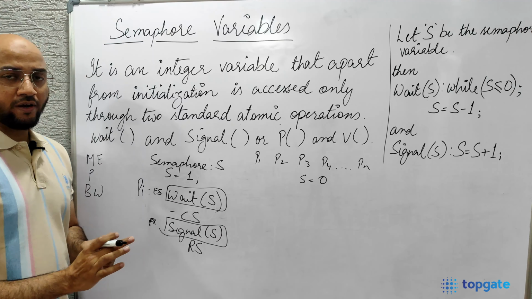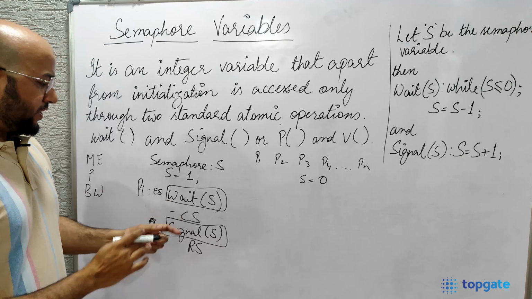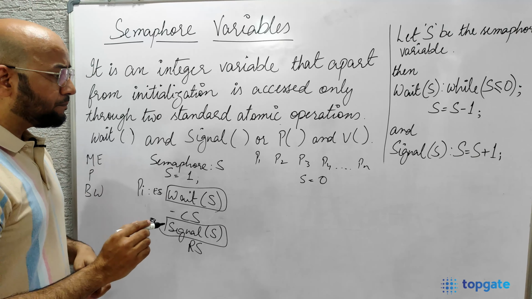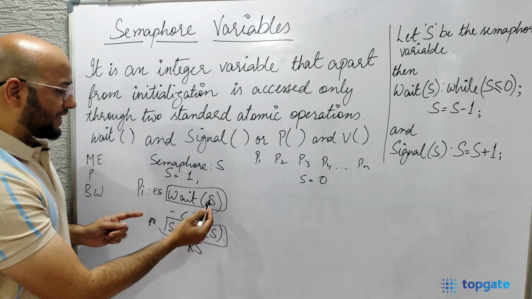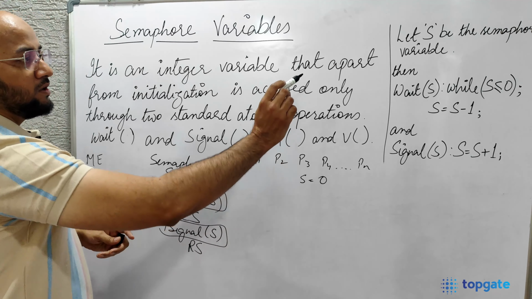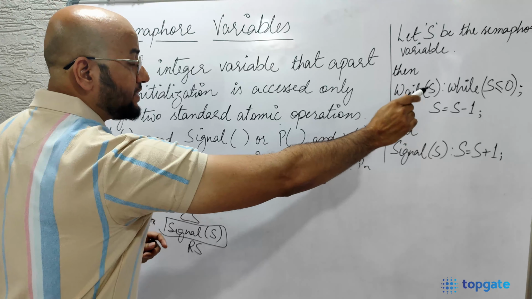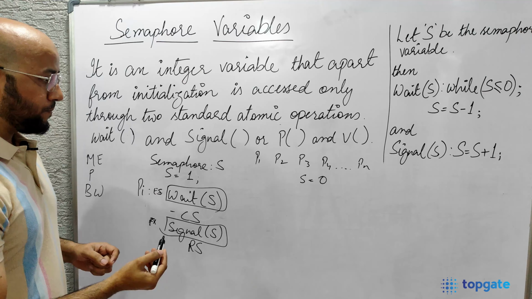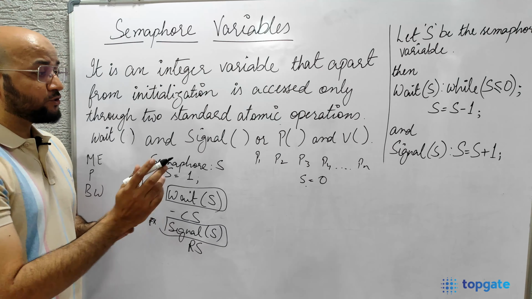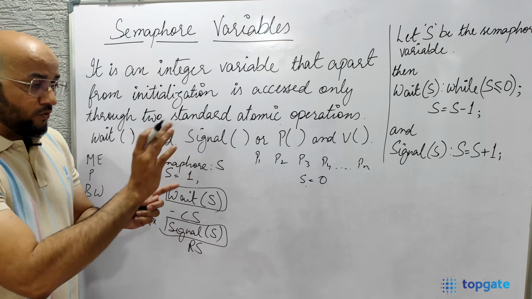Now it is working in the critical section. Suppose process P1 is working in the critical section and process P2 comes. P2 will execute the same thing. It will write wait s. Wait s means while s is less than or equal to 0. The value of s is 0 right now, because process P1 has already changed the value of s from 1 to 0.